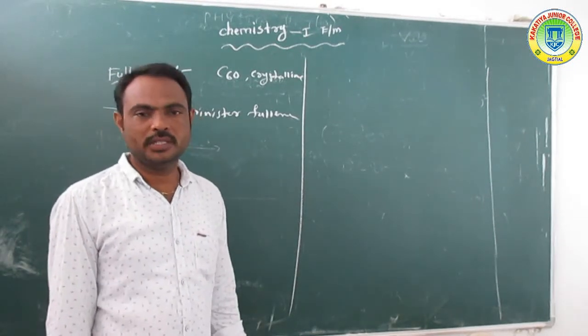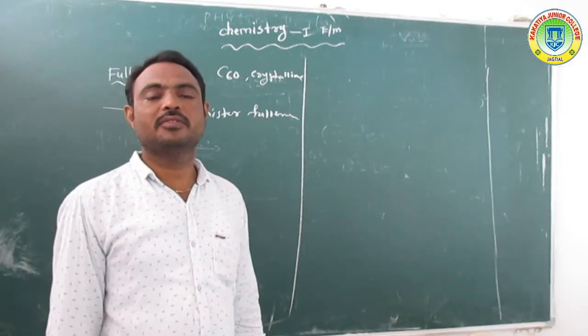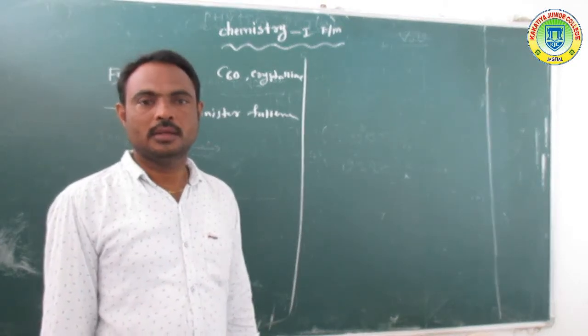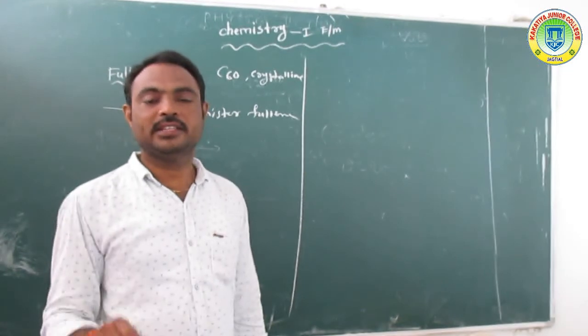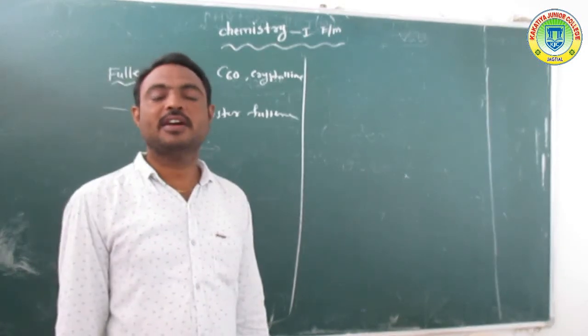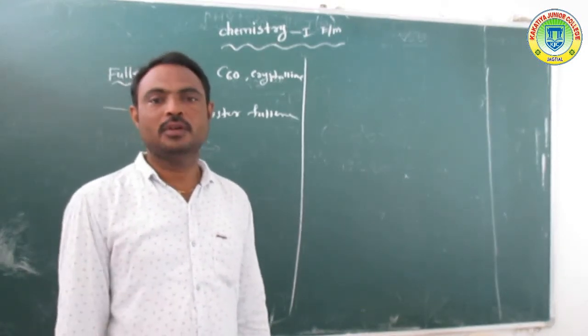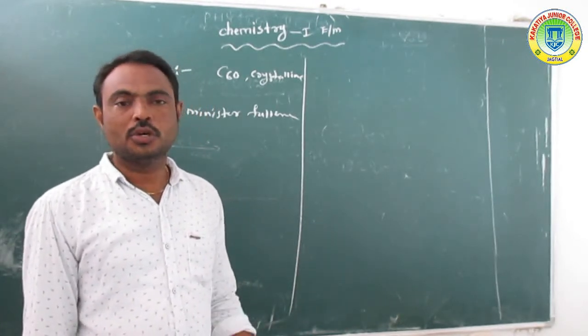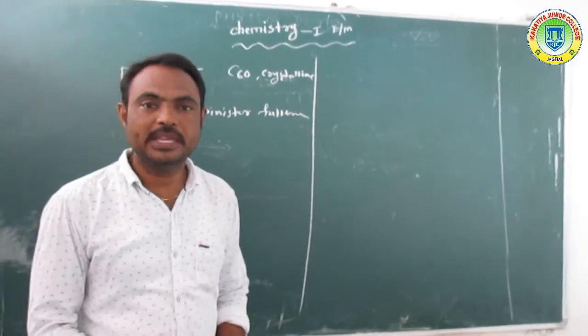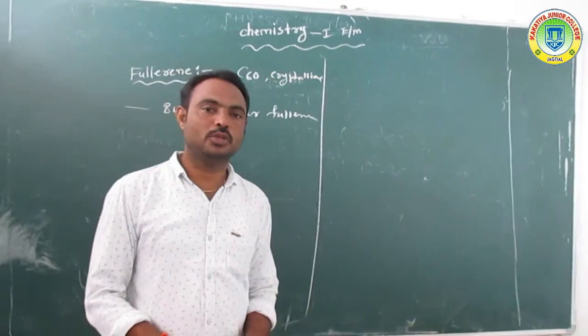Okay, good morning students. Last class we discussed diamond and graphite. These two are among the best examples of crystalline allotropy of carbon. Diamond contains sp3 hybridization, as we already know.